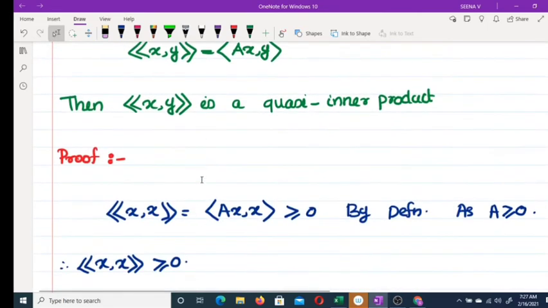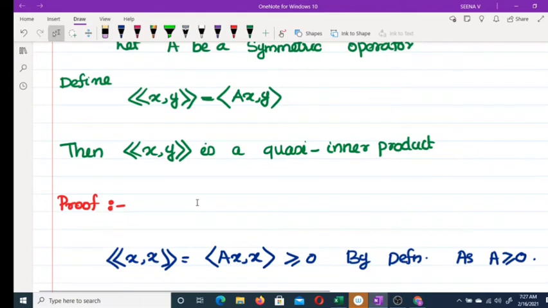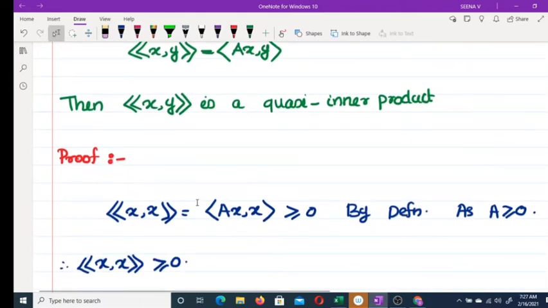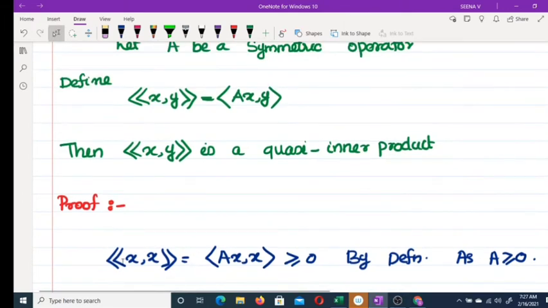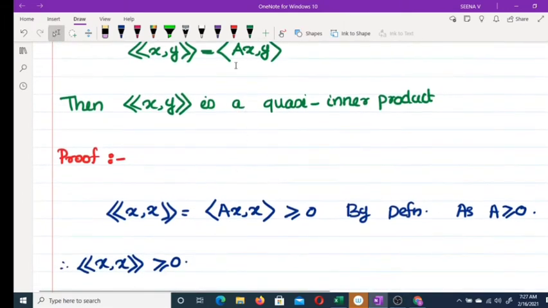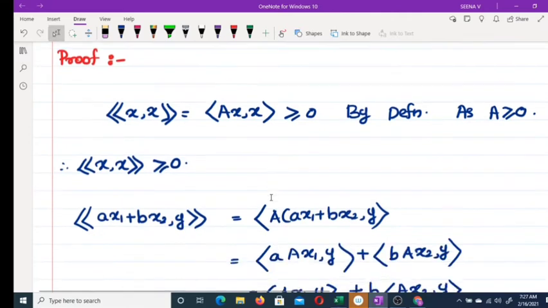So consider inner product xx greater than or equal to 0. What about inner product xx? By definition, this is equal to quasi inner product of xx equal to inner product axx. This is greater than or equal to 0 because given A greater than or equal to 0. By definition, A greater than or equal to 0 implies inner product axx greater than or equal to 0.